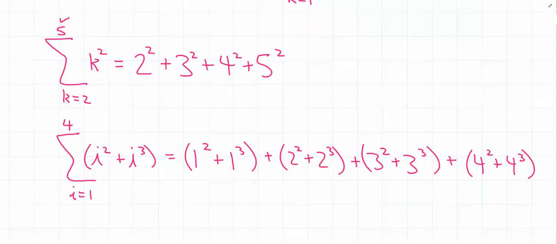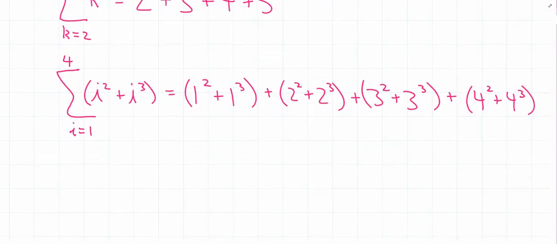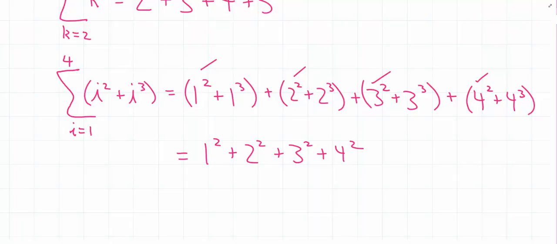What we're going to look at here is a property of summation notation. The property is that we can give each one of these its own sum. In other words, I could have summed I squared and then added that to the sum of I cubed. Let me group all the squareds together: 1 squared plus 2 squared plus 3 squared plus 4 squared. We're just adding these up, so it really doesn't matter how I order them.